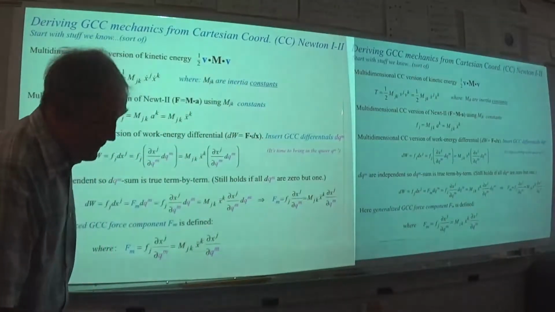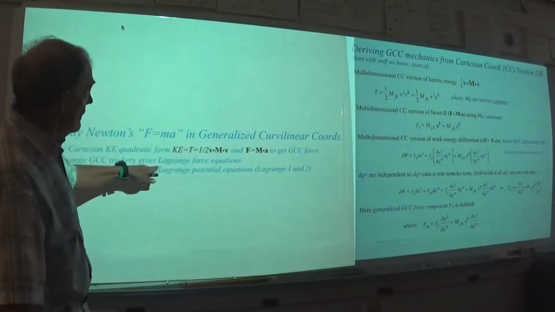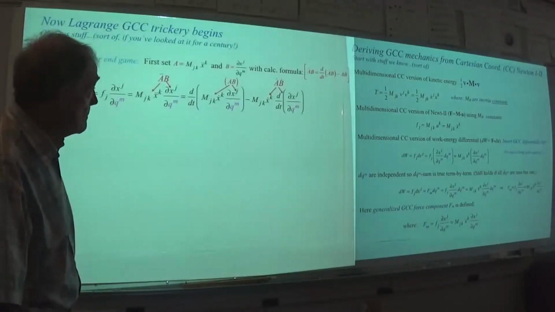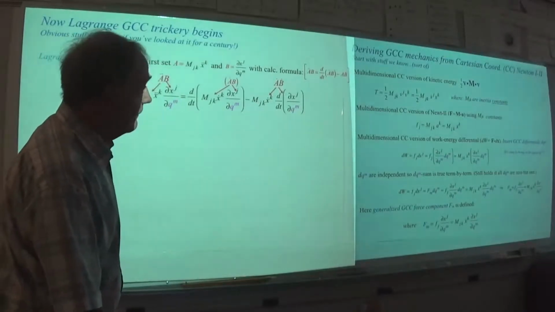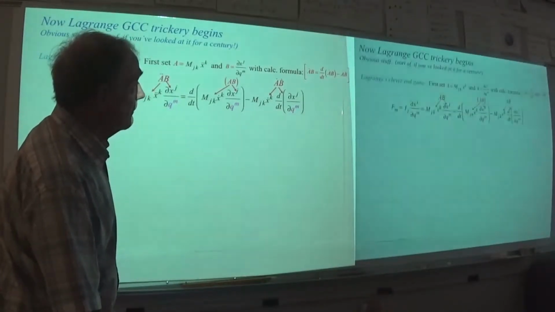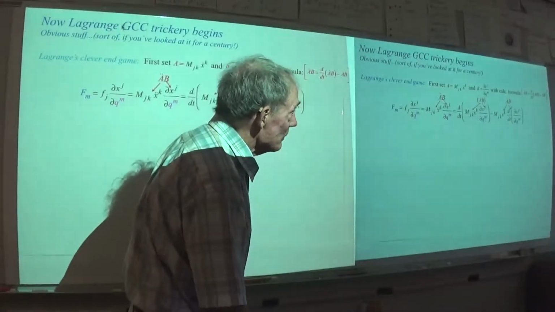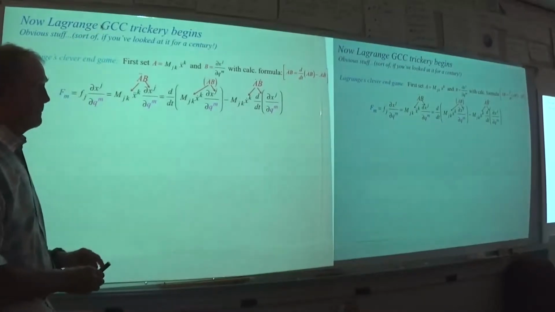And so let's do it. Here's where we do the main trickery of the Lagrange force equations. This is quite a trick. This is not something for the faint of heart. The physicists sometimes would have a hard time thinking of doing this.